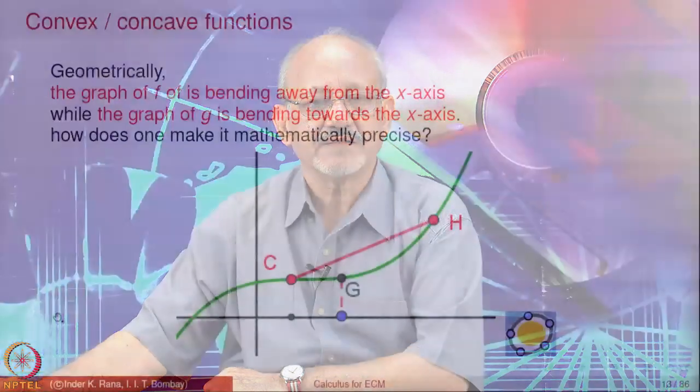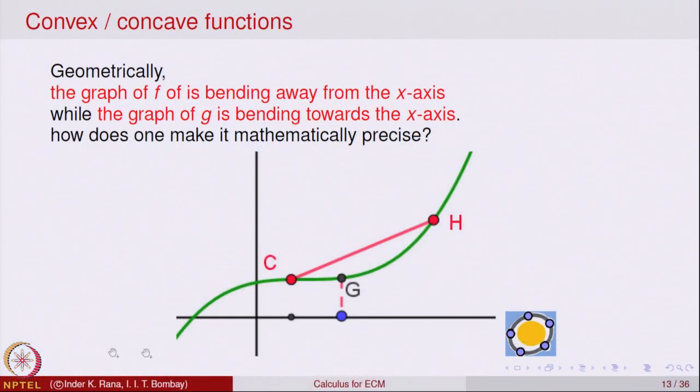So, how do we analyze this mathematically? This is the kind of scenario we are looking at. For example, look at this green graph. Here in this portion, the graph is bending away from the x axis, while in this portion the graph seems to be bending towards the x axis.